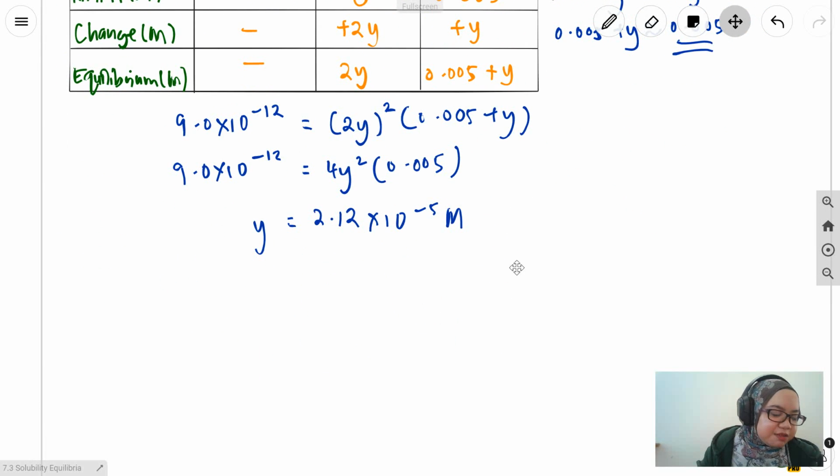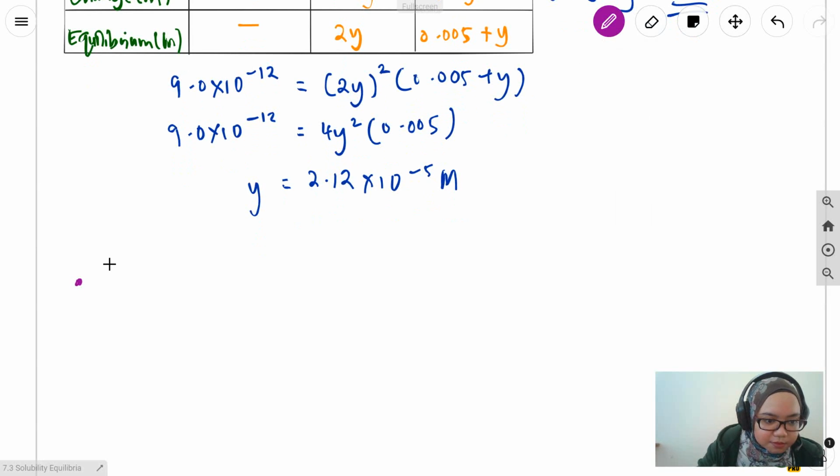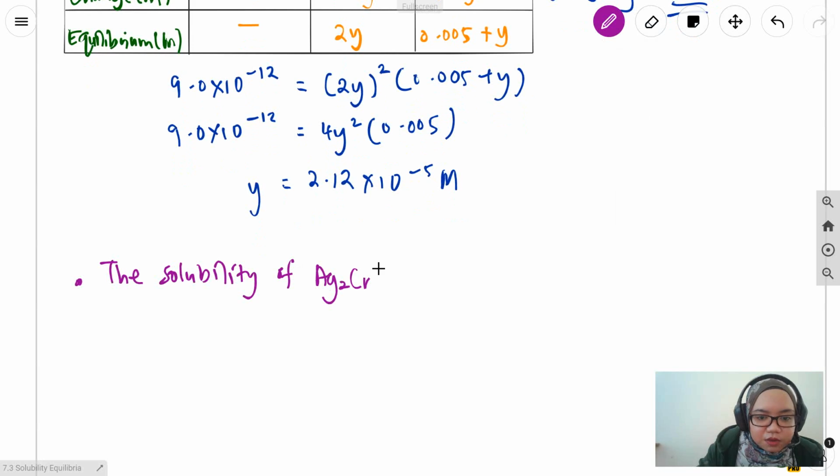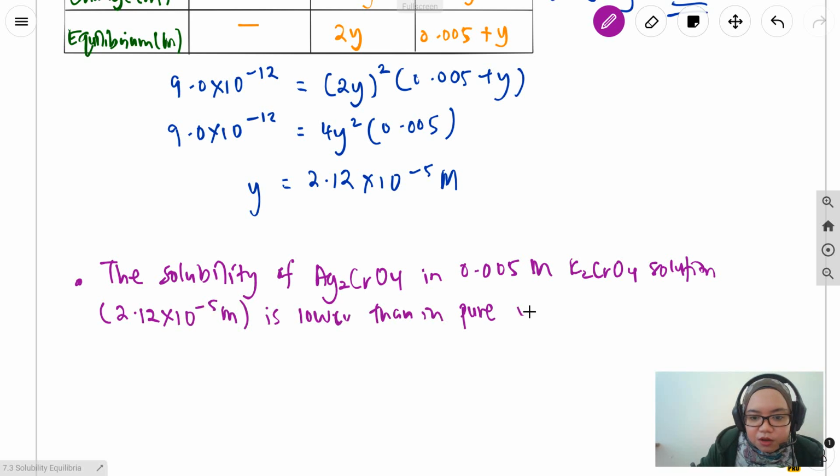Okay, so dia suruh kita explain kan. So, kita akan explain dekat sini. The solubility of Ag2CrO4 in 0.005 molar K2CrO4 solution is 2.12 times 10 negative 5 molar, is lower than in pure water.